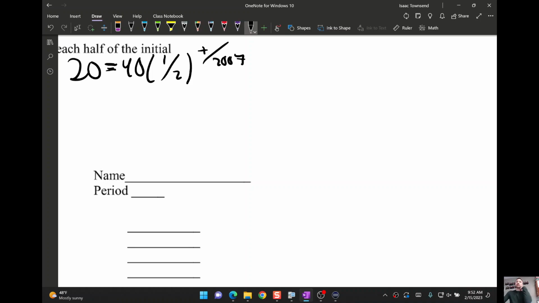Now, to be honest with you, most of the time you're solving for a variable in the exponent. We're going to have to deal with and work with logarithms, but we haven't reviewed that yet, so these questions have been set up to where we don't have to do that. We could start off by dividing both sides by 40.